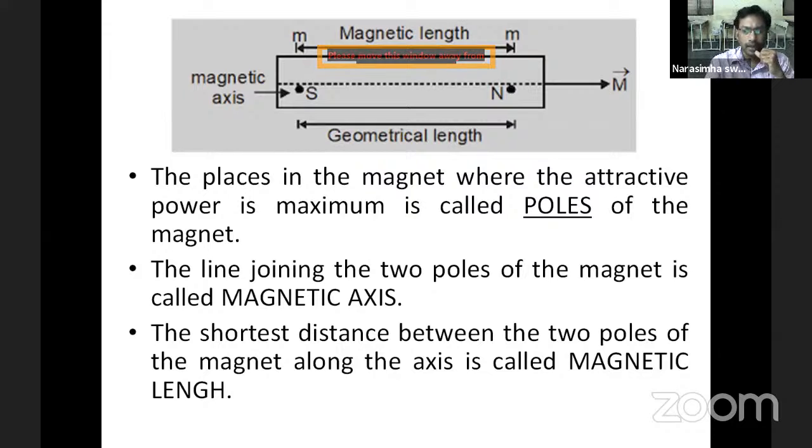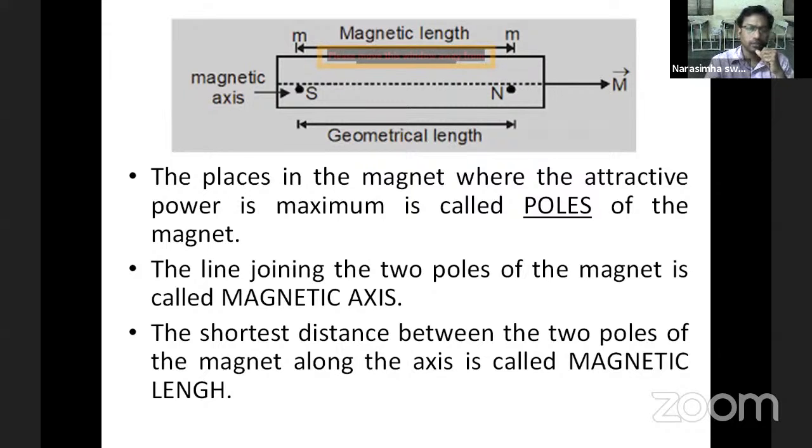The black dots represent that more attractive power; the whole magnet doesn't have the same attractive power. Only at the poles is more attractive power present. So that place we name as a pole, that is the north pole and south pole. I'm repeating this statement: the places in the magnet where the attractive power is maximum are called poles.